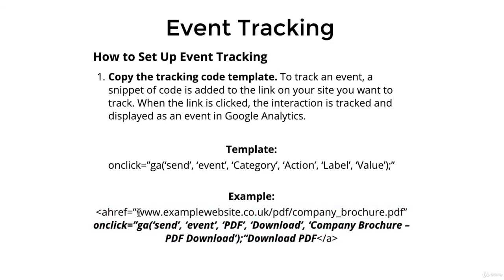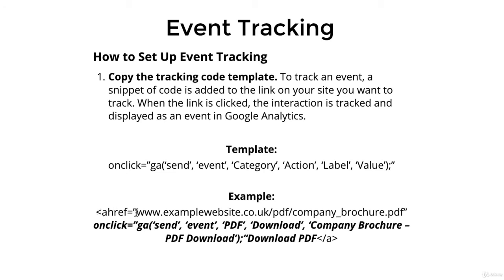So we have a link to download a PDF. Now you might be thinking, can't we track downloads of PDFs by going to a thank you page? Yes, we can normally, but in this example we're saying that they just click on a link and they download the PDF straight to their computer. We don't send them to a thank you page where they can download it.